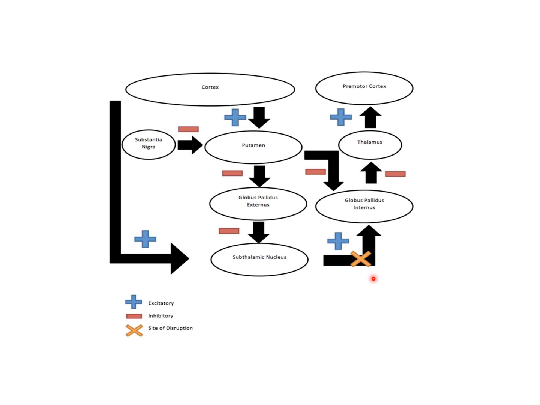So the inhibition in the indirect pathway is withdrawn due to the damage of the subthalamic nucleus, because there is no one now to stimulate the globus pallidus internus, so its inhibitory action is not going to act.